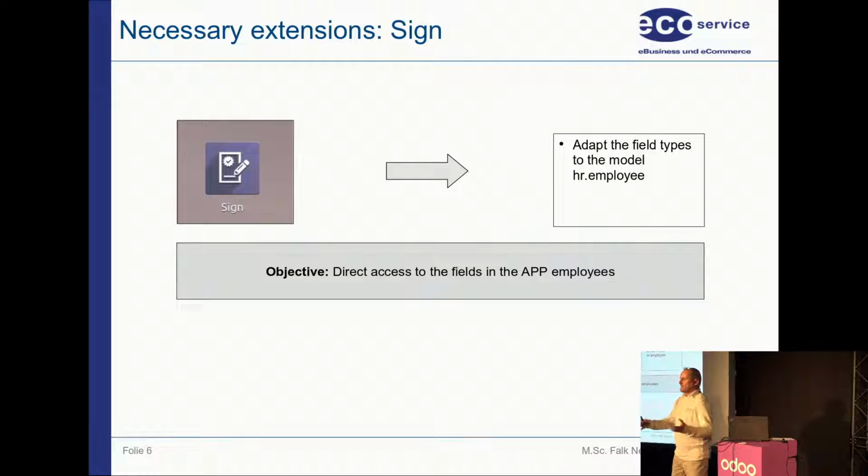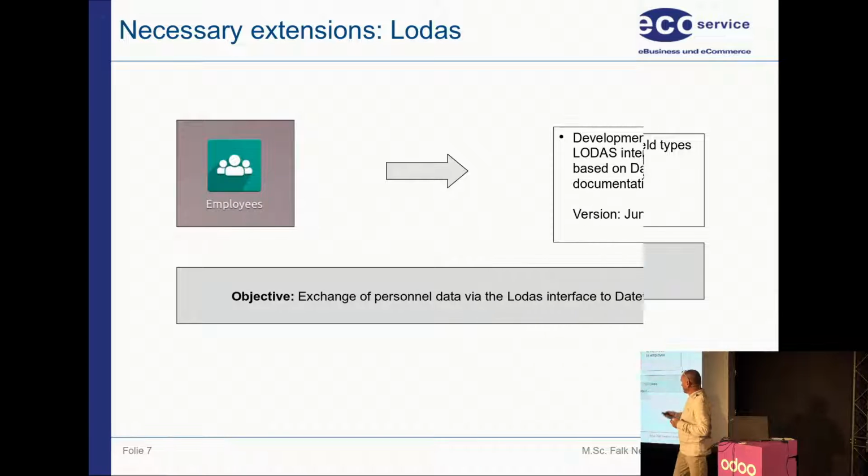It's absolutely possible to have PDF documents that you sign and fill out, and the information goes to your inventory model or your BOM model and so on. In this process we have adapted the field types for the model employee.